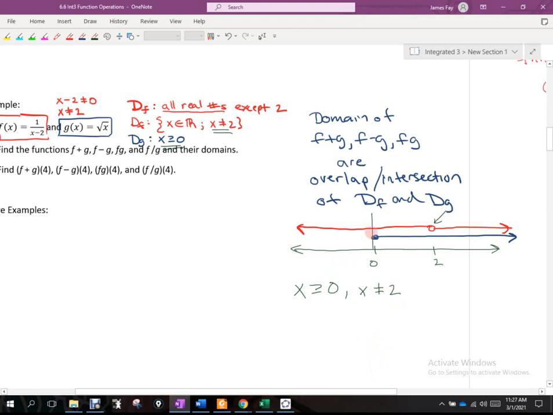Okay? The way we would write that, there's an easier way of writing this. It's just time consuming and learning how to do it. It's called interval notation, where I just say, okay, what's the first value that they overlap at? And I write that down. And I go up to the next value that they stop overlapping at. They stop overlapping at 2, and I write that down.